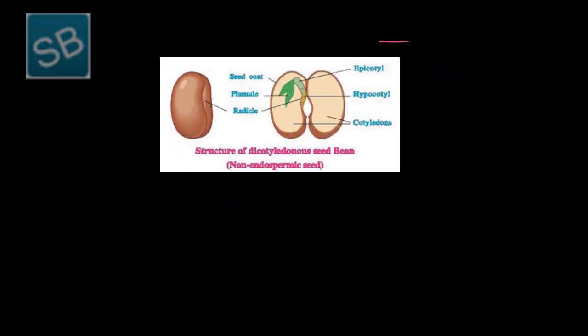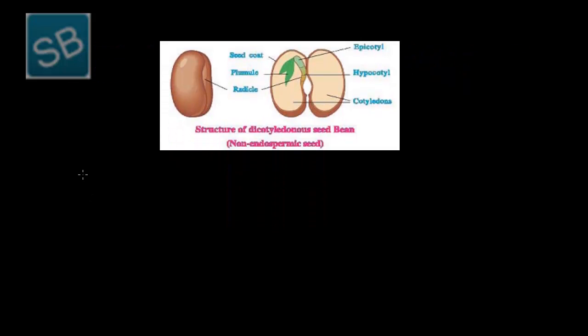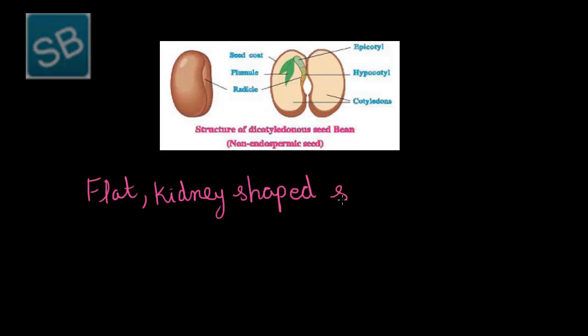Now, as can be seen from the figure, a bean seed is a flat, kidney-shaped structure which is yellowish white in color.